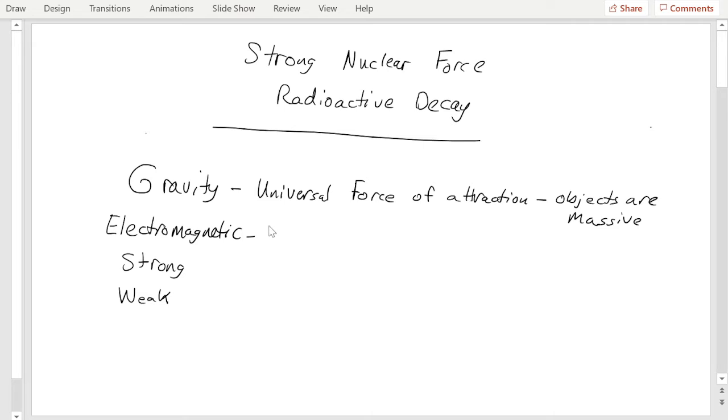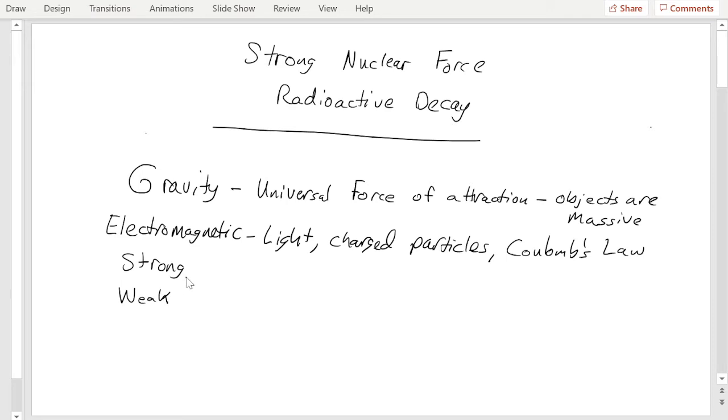So these are things like light, charged particles, Coulomb's law, the laws that govern magnetism, and so on, right?